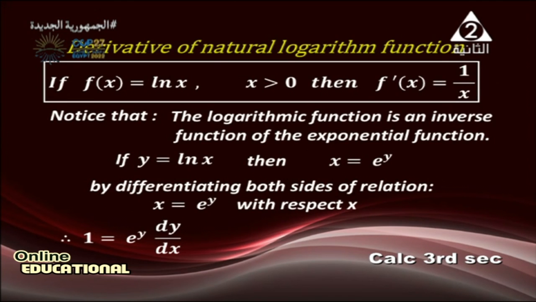And we know that e to the power y equals x, then 1 equals x dy/dx. Then dy/dx equals 1 over x, and we can use this rule to find the first derivative of the function f(x) equals ln x.